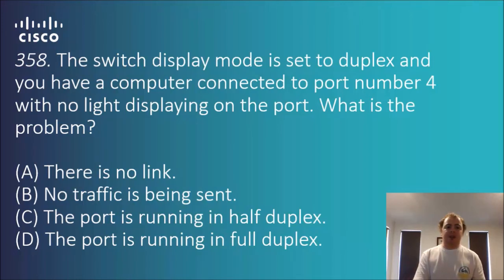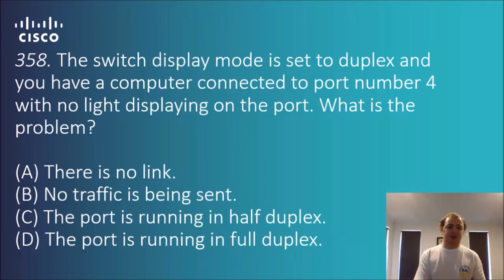358, and there'll be a question soon which outlines a few bits and pieces there. 358, the switch display mode is set to duplex and you have a computer connected to port number 4, with no light displaying on the port. What is the problem? There's no link, no traffic being sent, the port is running in half duplex, or the port is running in full duplex. If it was in full duplex, there would obviously be flashing lights and things.